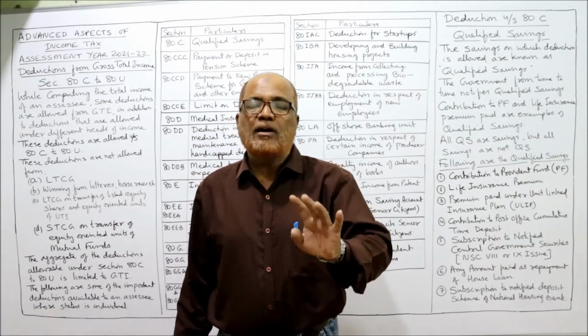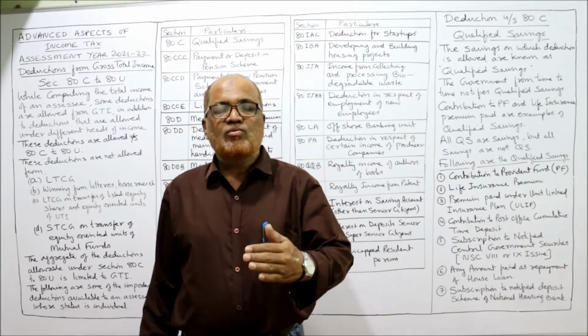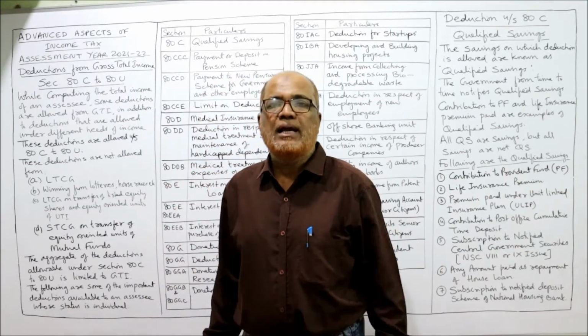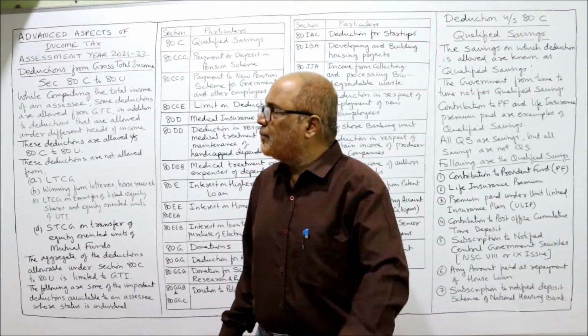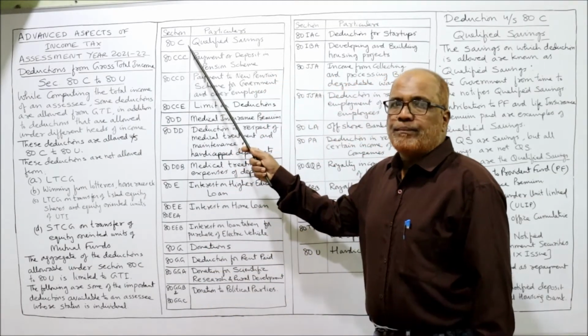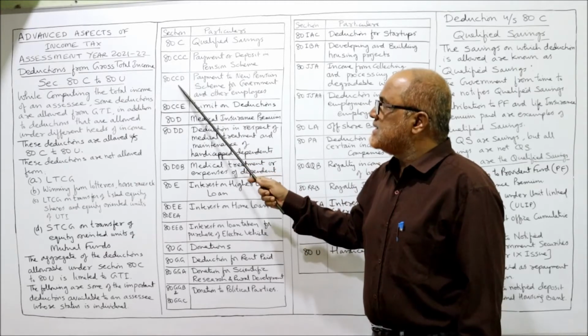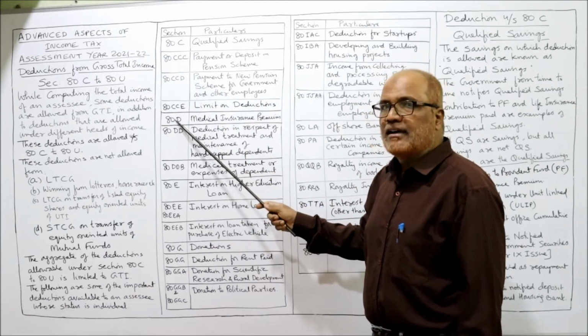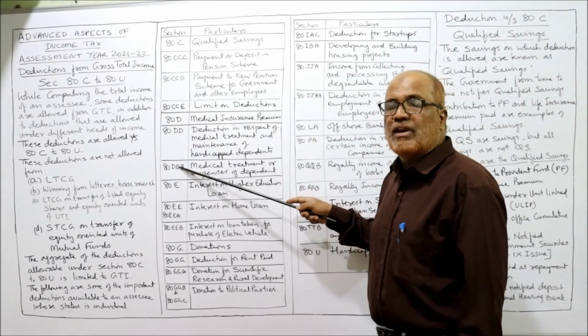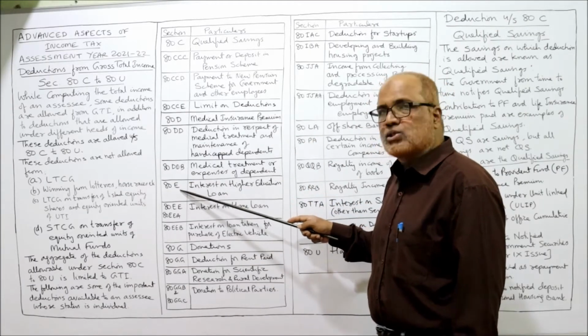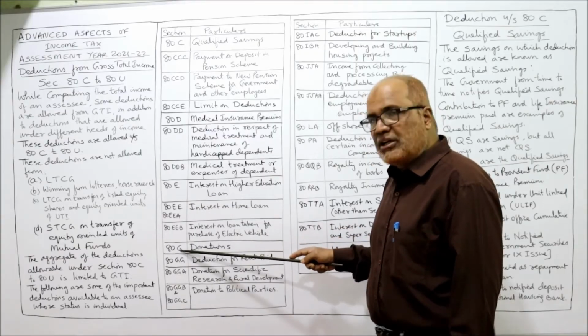But among these important deductions also, some will appear very frequently in the problems. The deductions which very frequently occur are 80C, 80CCC, CCD, CCE, 80D, DD, DDB. These are the very important deductions you will very frequently come across. 80E also will come. Then 80G, very frequently.